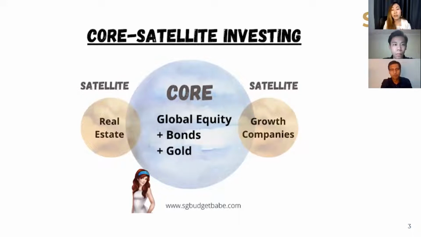So you believe that real estate will increase in value and it's a really good investment tool to have for the future, then you could build one satellite in real estate and the other one could be in growth companies. So companies where you see them playing a really big role in the future, for example, in digital payments, in technology, and basically whatever theme or approach that you think is going to be the central theme moving forward 10, 20, 30 years from now.